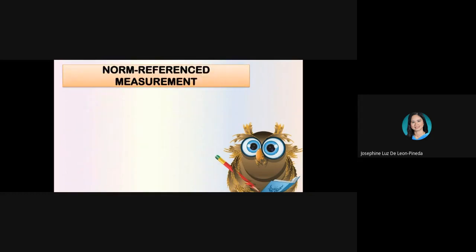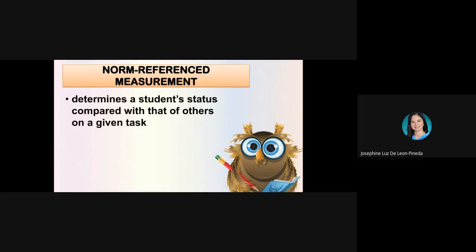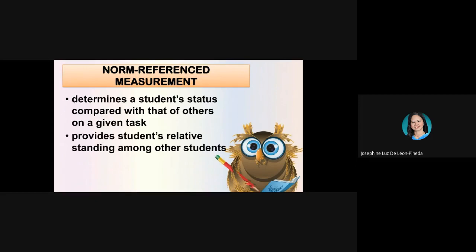For the norm reference measurement, it determines a student's status compared with that of others on a given task. So ito naman, yung type of measurement, if you're going to compare the performance with the other students or with the other ones who are performing the same task. It provides students' relative standing among other students.